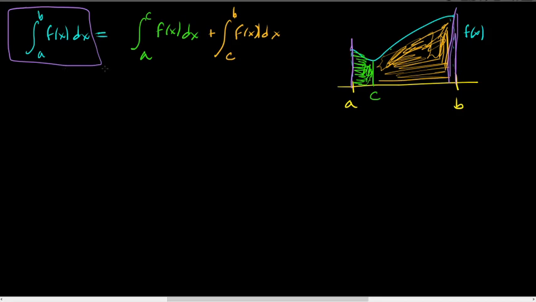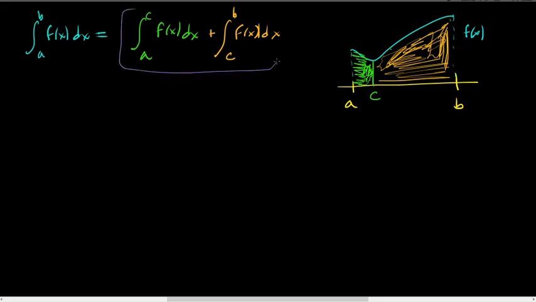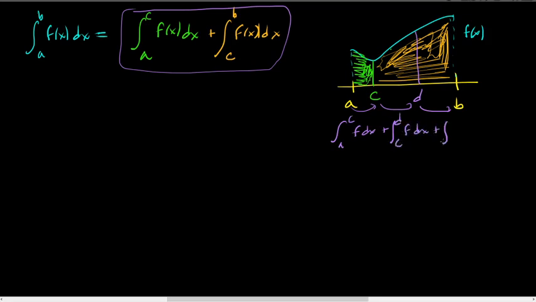So that's all this property says: if you want, you can divide up your interval into two or more pieces. You can add a d here. Then you're going from a to c, c to d, and then d to b. So you would have three of these: the integral from a to c of f dx, plus c to d of f dx, plus d to b of f dx.